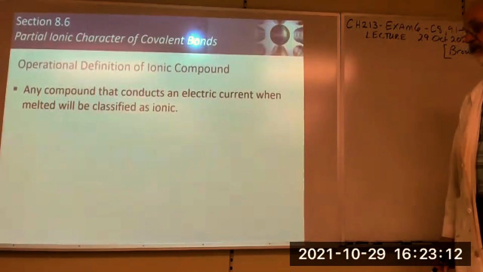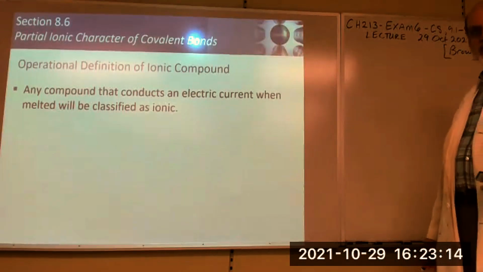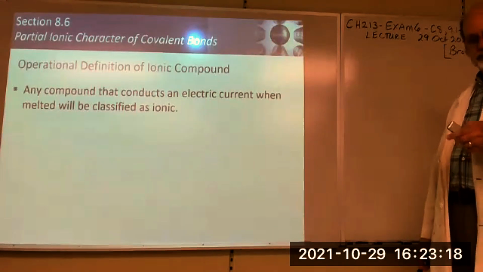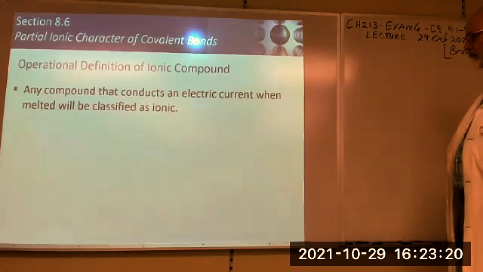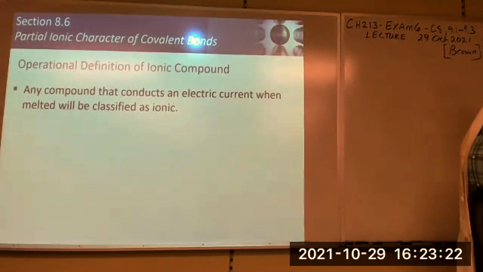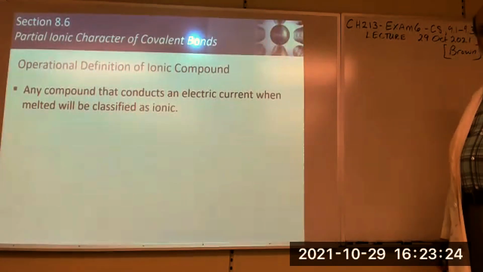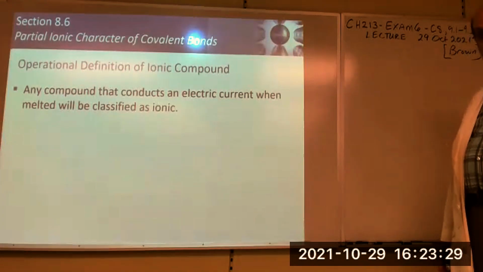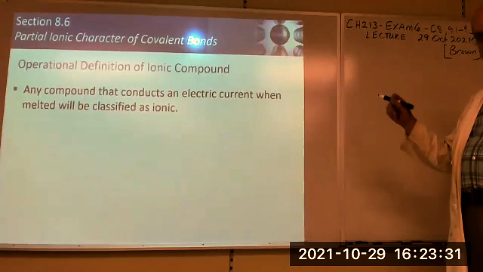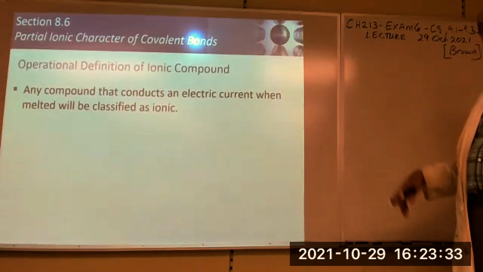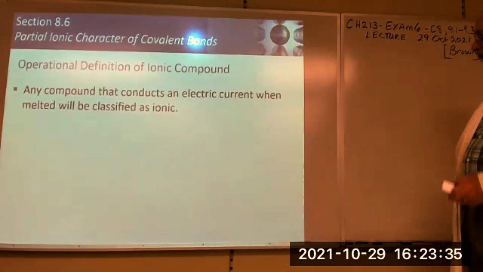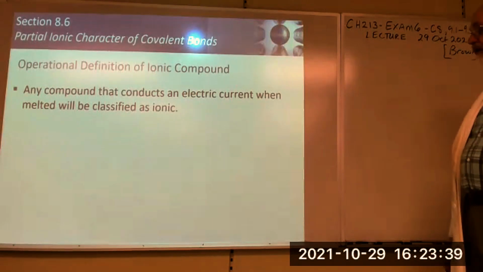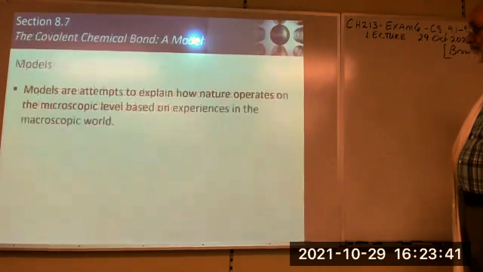And there are some systems that use liquid sodium chloride as a heat transfer medium. Very efficient. Or if it's soluble in water, say, you just put it in water and water will do the work for you. It'll break that thing apart into individual ions and now you can conduct electricity with it. But you've got to have mobile ions in order to transfer current from one electrode to another.